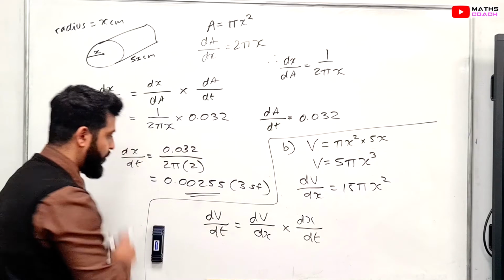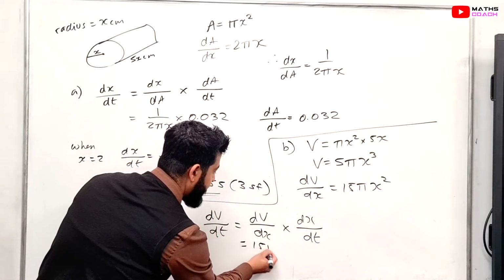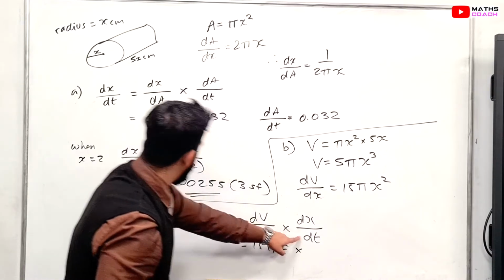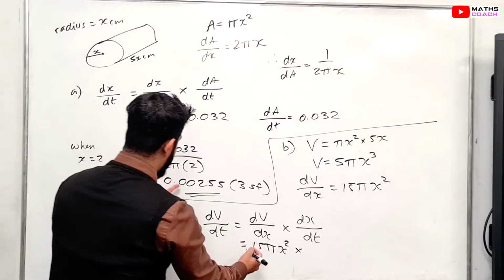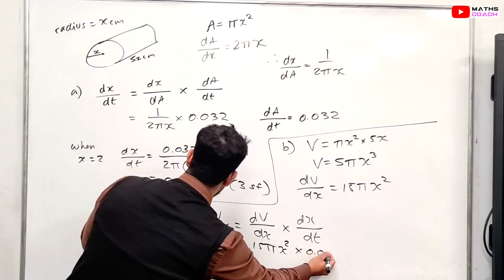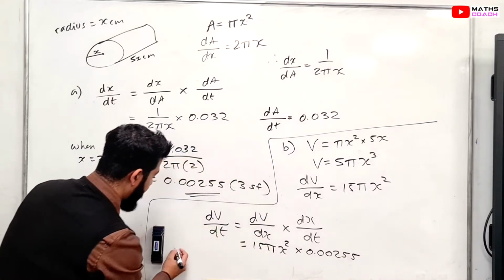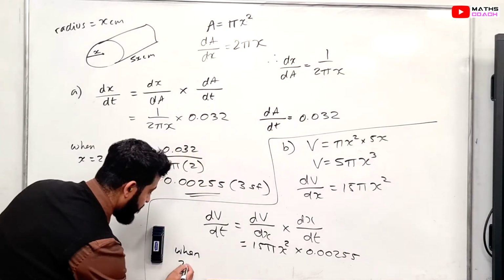So we have dV over dx, which is 15 pi x squared. We have dx over dt from the previous question, 0.00255. And when is this all happening? It tells us in part B, it is when x is equal to 2.